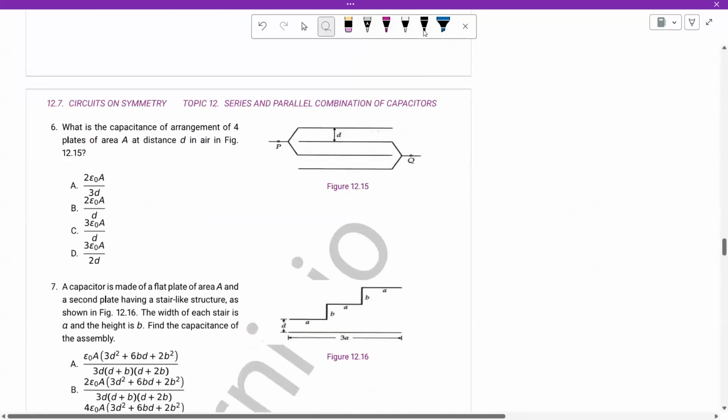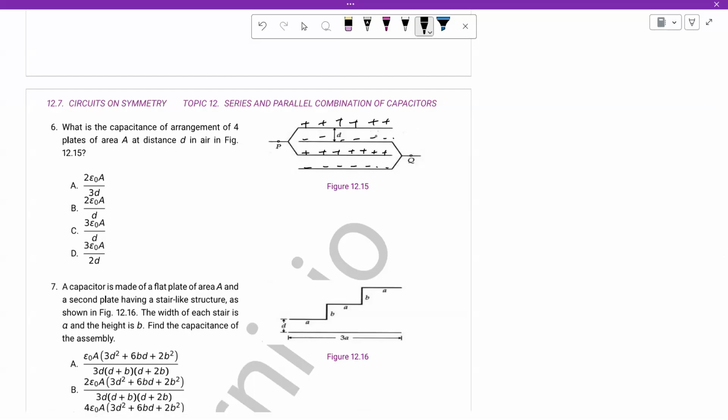Okay, so this one will be what? This is positive, and this is negative. This is positive, this is negative, right? So how many capacitors do we have? Three capacitors, right? And how are they connected?